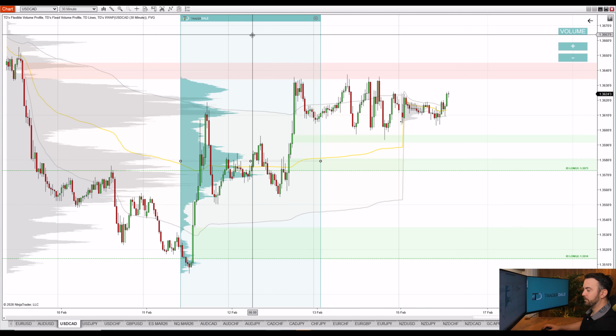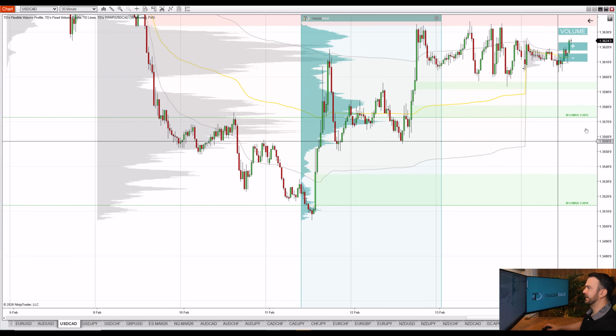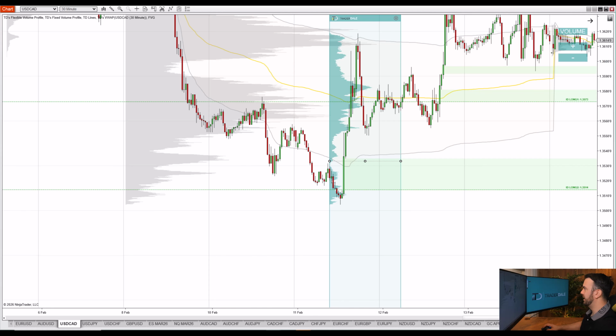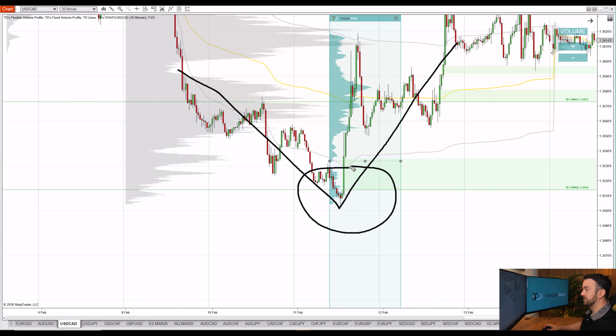Regarding the second long, volume-wise, this level is not as strong as the level above it. But I would say that this is a strong level as well. First reason, it is an important place because there was strong rejection of lower prices. This is where the trend turned from a downtrend into an uptrend.